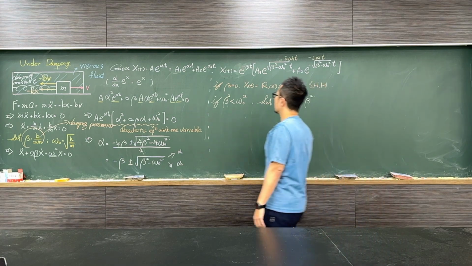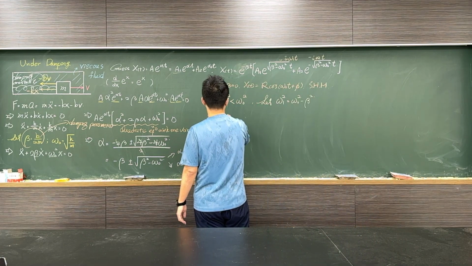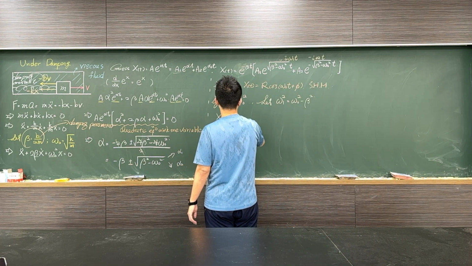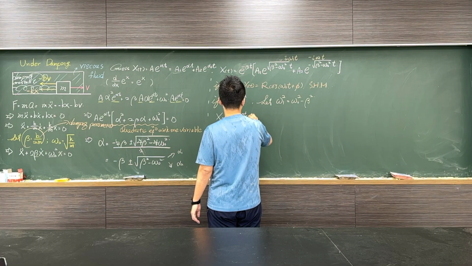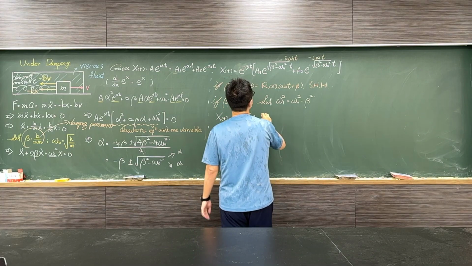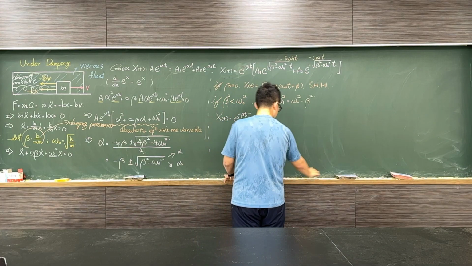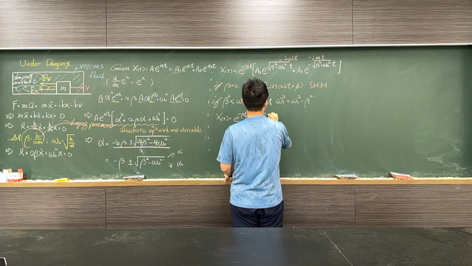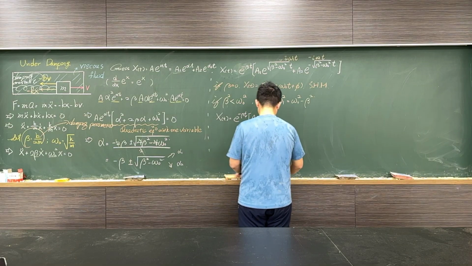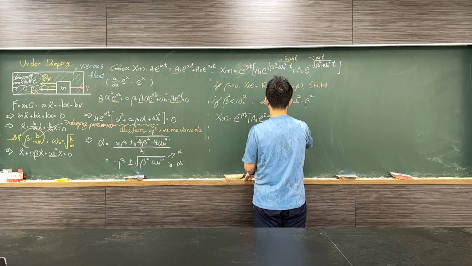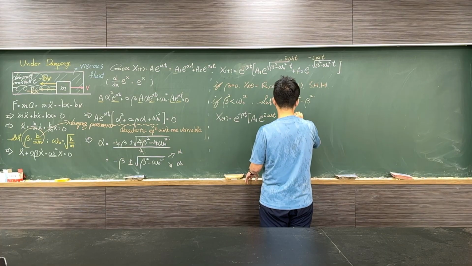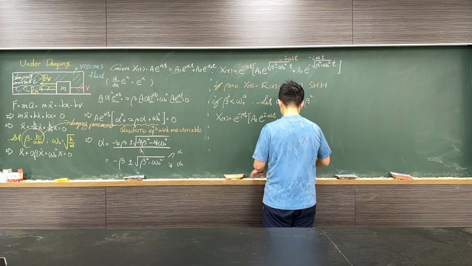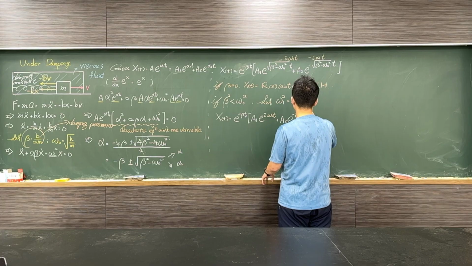So keep simplifying this. The x as a function of time is equal to e to the minus beta t times a1 e to the power of i omega 1 t, plus a2 times e to the minus i omega 1 t.